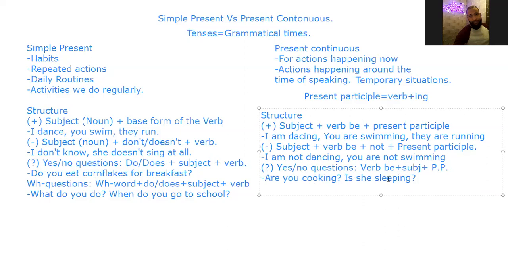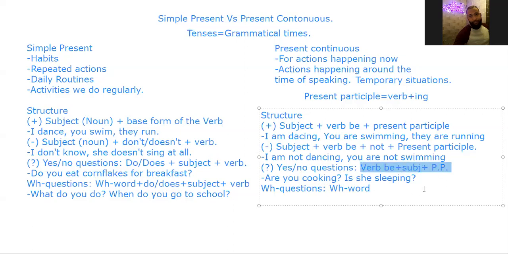And we got the WH questions that are different. We have the WH word and the other structure that we have here.